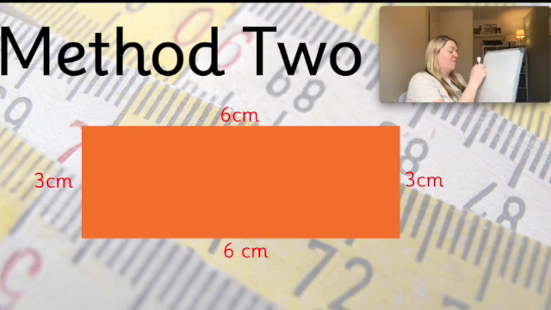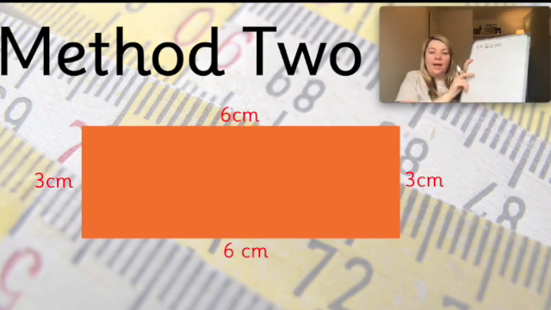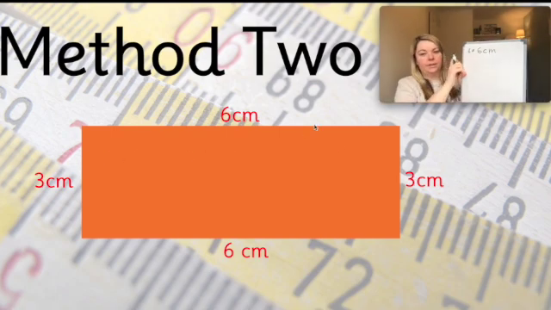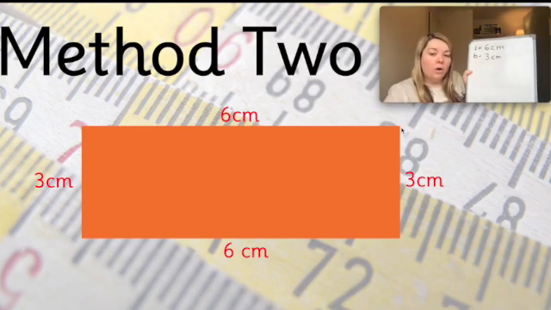So I know that the top, the length, is 6 centimetres because I can see that on the image. I know that the breadth is 3 centimetres because the measurement given at the side on the orange rectangle is 3 centimetres.